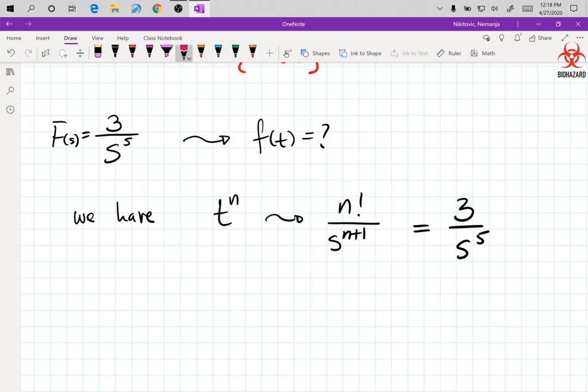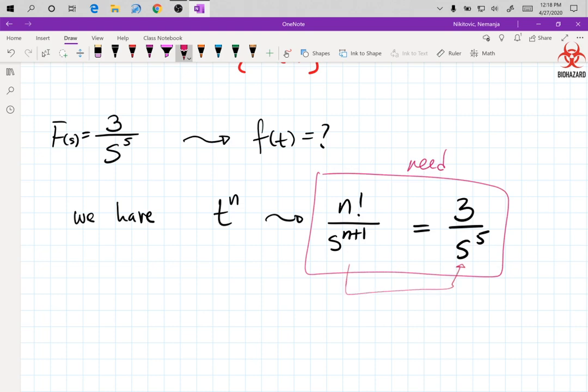This is what I need. So now figure out everything. This is what I need. So what's going to happen here? Well, when I compare the bottoms, these denominators, I know that n is 4.